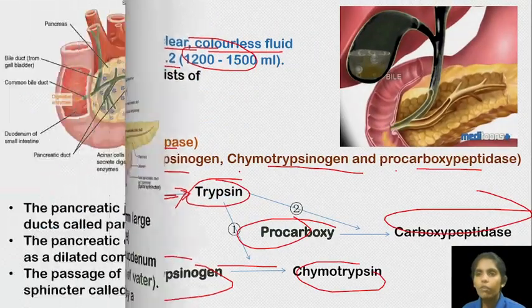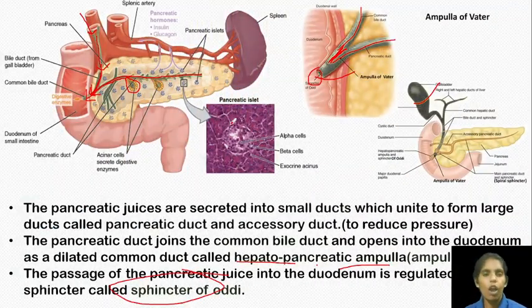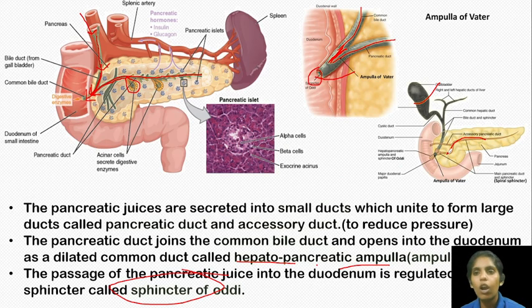So one thing I forgot to mention, the pancreas has an additional duct called the accessory pancreatic duct. When the pancreatic juice is secreted in the pancreas, it enters into the pancreatic duct. If all the secretions of the pancreas enter only into the pancreatic duct, pressure will build up in it.